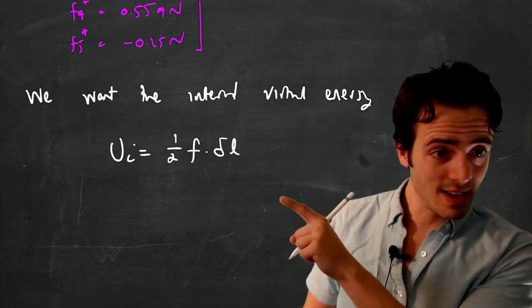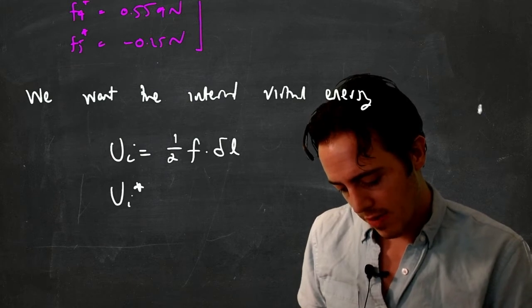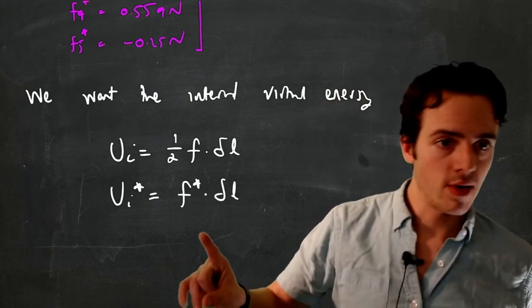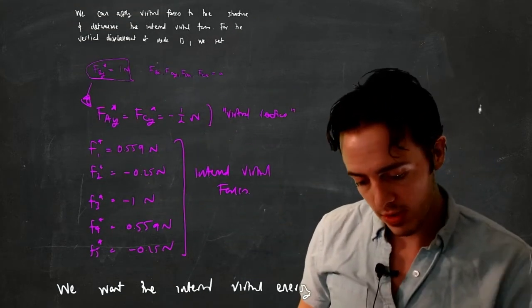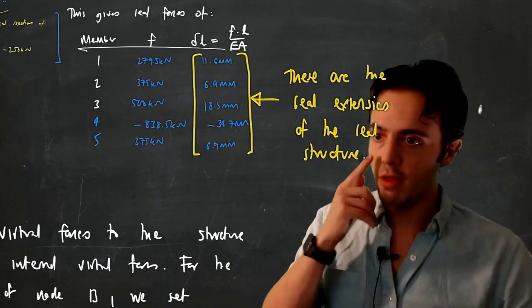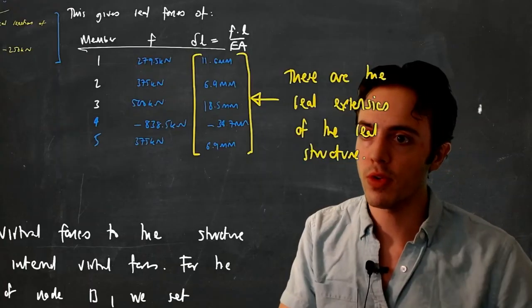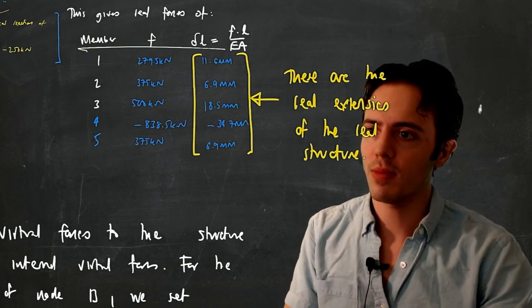This is real internal energy done by a real force. The internal energy that's virtual is equal to the force that's virtual multiplied by the real extension. So this virtual force are these forces we've got, and the DLs are these numbers up here. So we take each of those forces, we multiply them by each of the extensions, and then we get the virtual work.